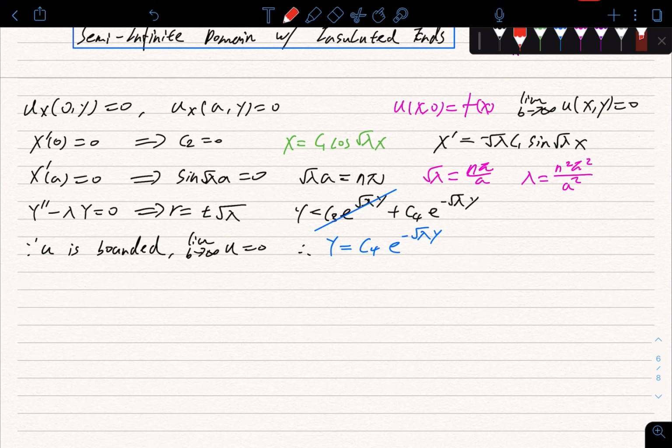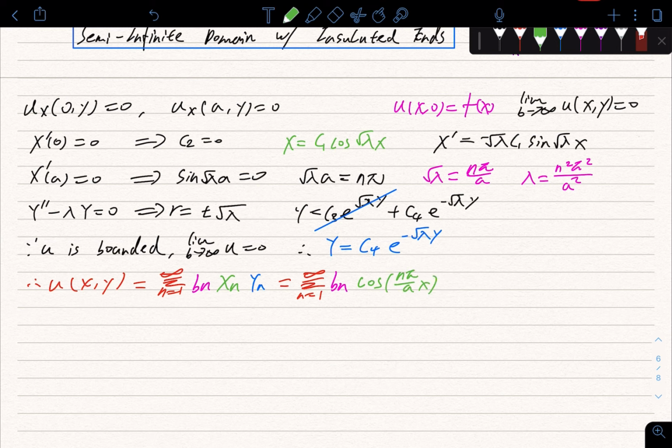So this will give us, therefore, u(x, y) equals the sum over n equals 1 of bn Xn Yn, and that will translate into the infinite series, n equals 1, of bn cosine(n pi x over a) times e to the negative n pi over a y.